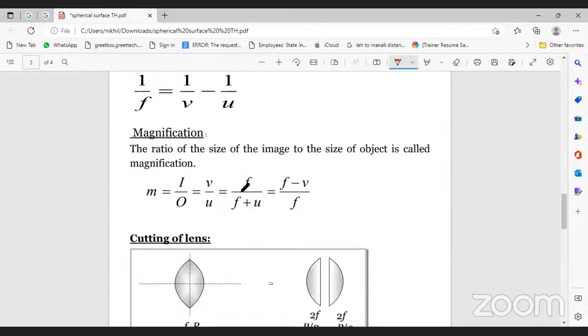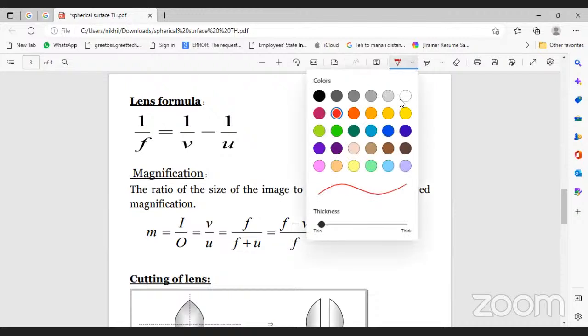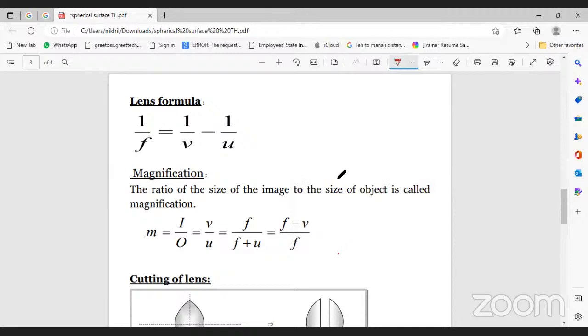Now let us move on to the next concept, that is the lens formula. Consider any lens, either a convex lens or a concave lens.